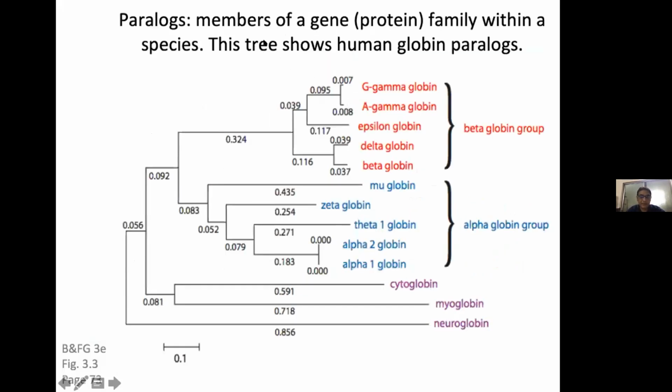In the same way, paralogs are members of a gene family within a species, for example, the globins found within the human. You see the difference from the previous slide. There, the same gene was found in different organisms. But here, what we found is homologous genes in the same organism. This could be due to gene duplication, which is one of the evolutionary processes.